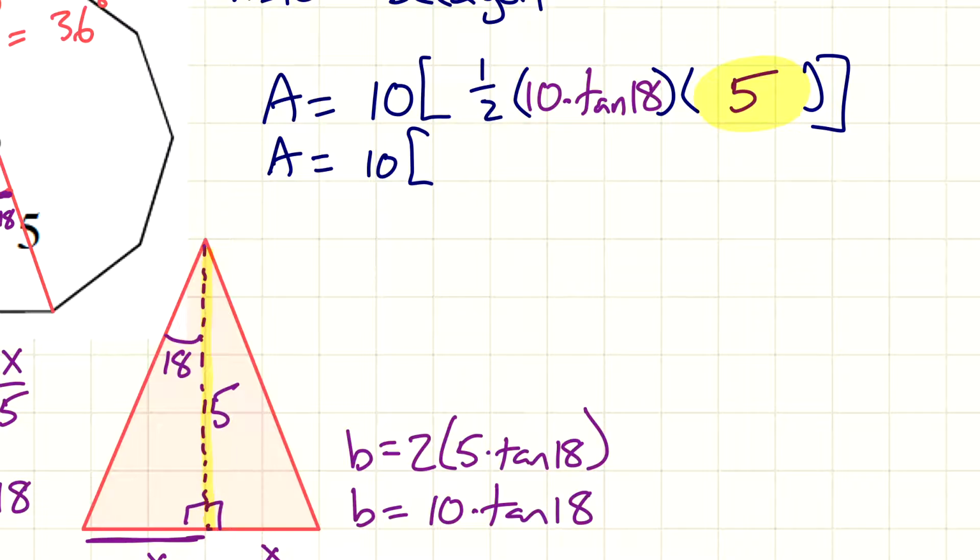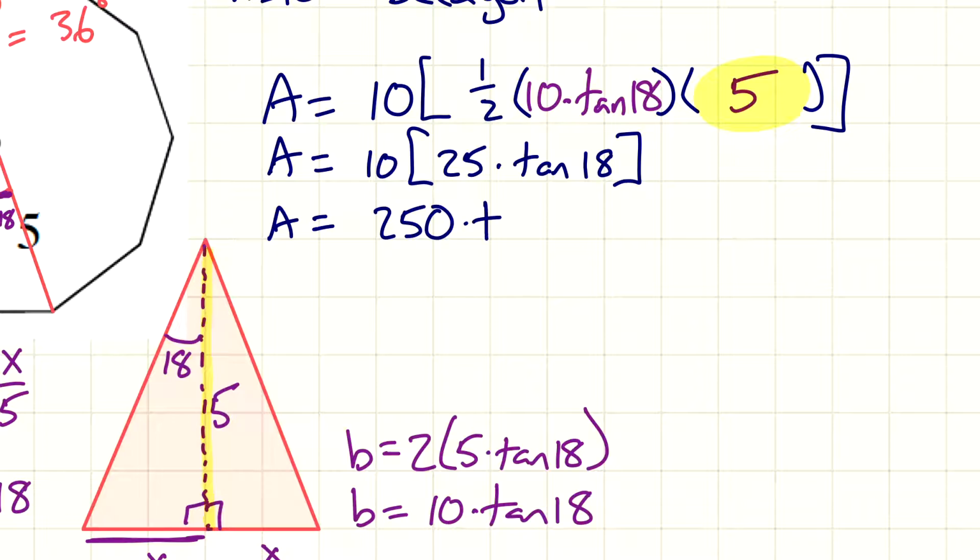So I'm going to have 25 times tangent of 18. So that's what one triangle equals. And so the whole decagon is going to be 250 times tangent of 18. This is going to be units squared. All right, so there's our area.